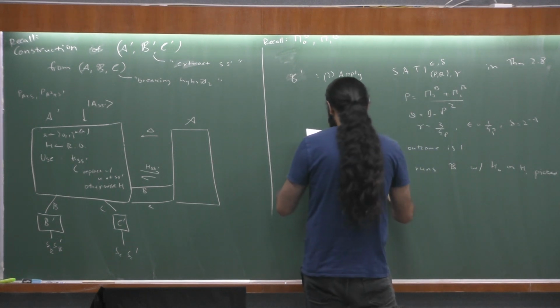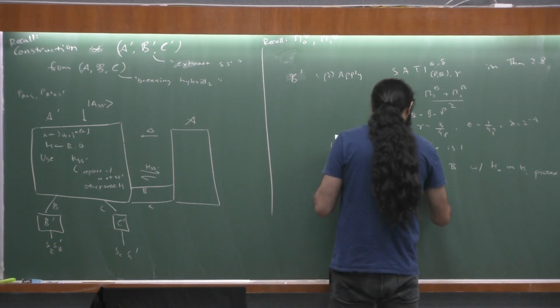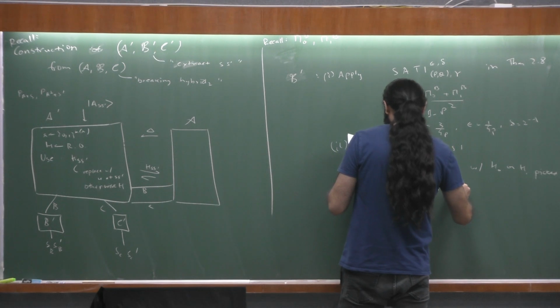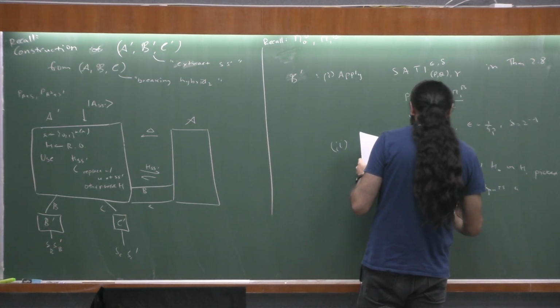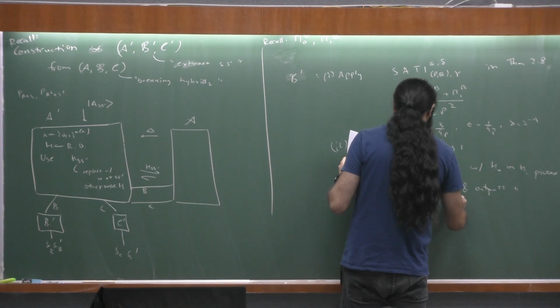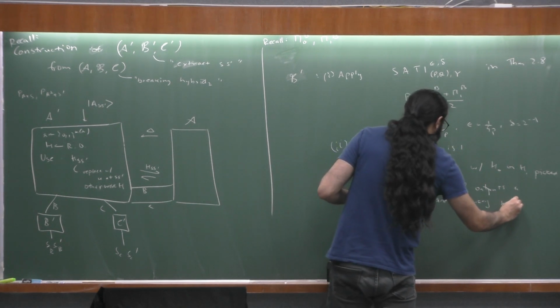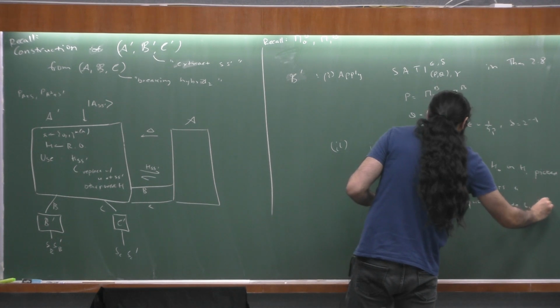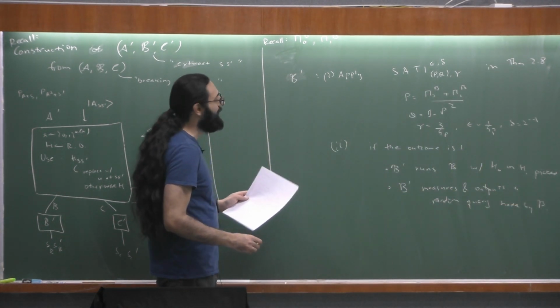Okay, and then B prime measures and outputs a random query made by B. And you do essentially the same thing for C prime.